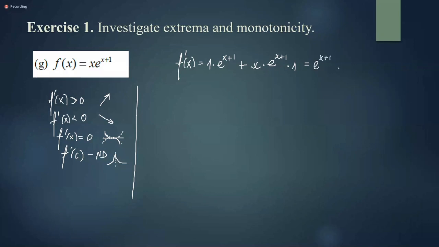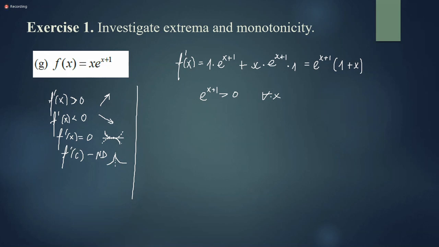And now we see from this we only have 1 from the first term, and from the second one we have x. And now, what we see about the signs, I know that e to the power x plus 1 is always positive for all x values. It's never 0, never negative. So basically, the sign of the derivative is determined only by this second factor, 1 plus x.